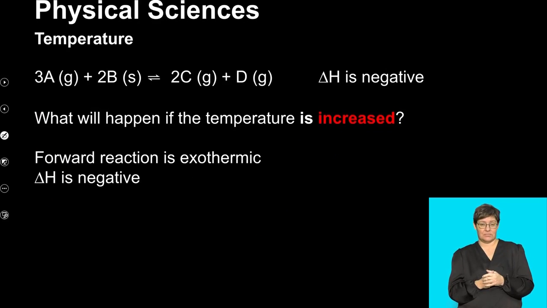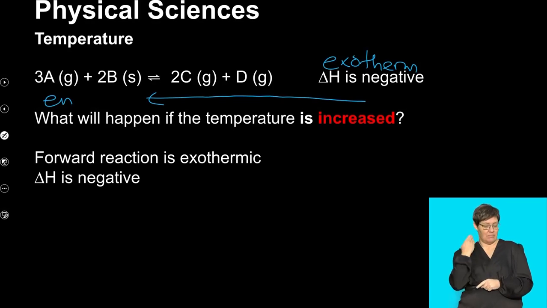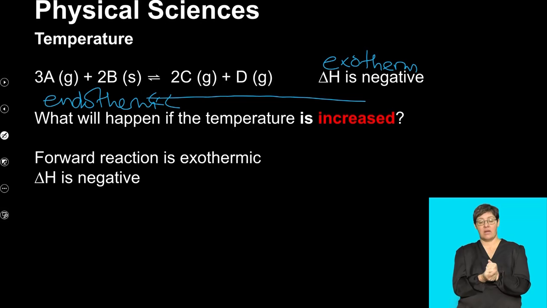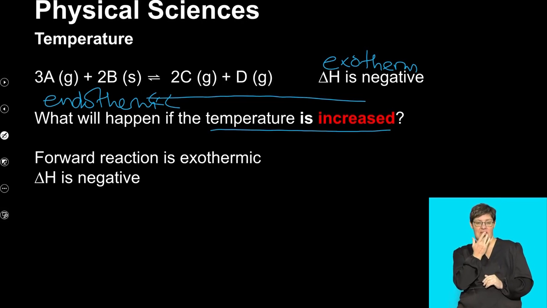What will happen if the temperature is increased? Now we know the forward reaction in this case is exothermic, meaning that my reverse reaction, as I said earlier, is endothermic. The forward reaction is our delta H, but because there is an increase in temperature, it will favor the endothermic reaction.